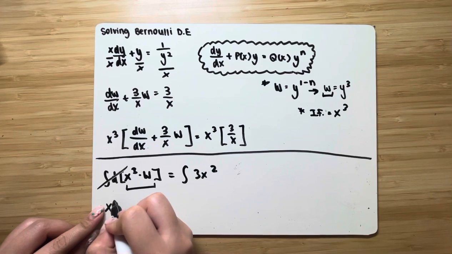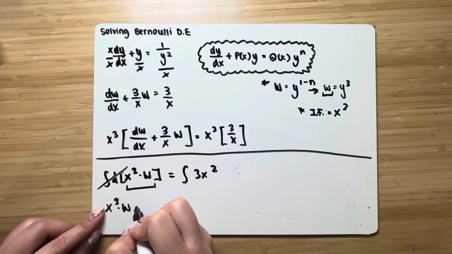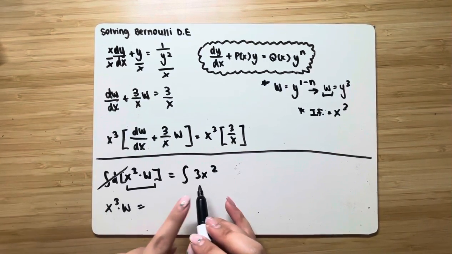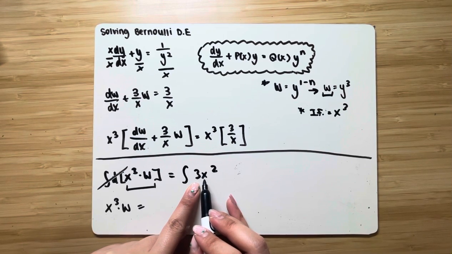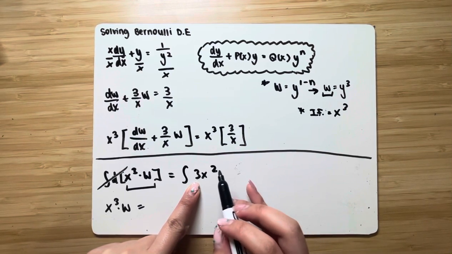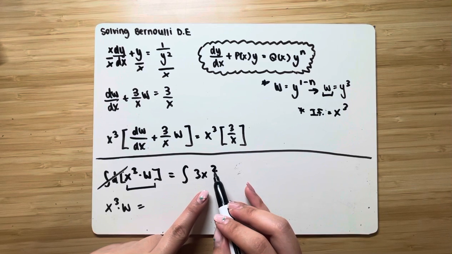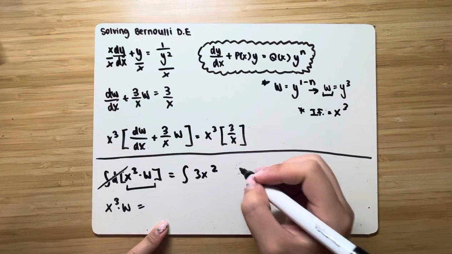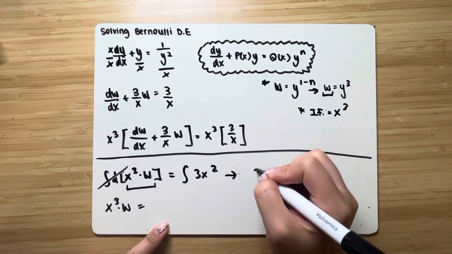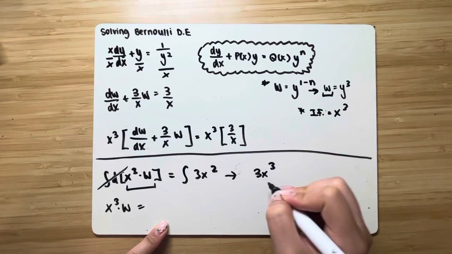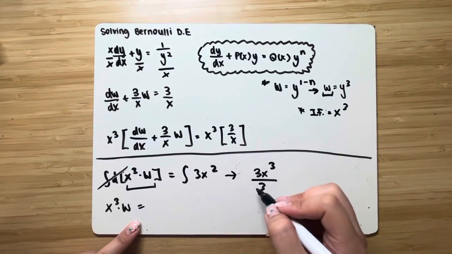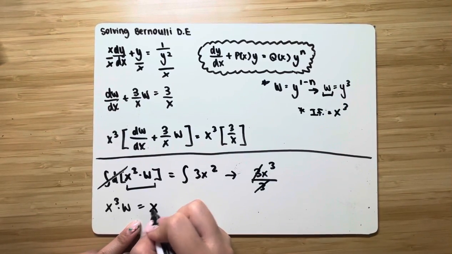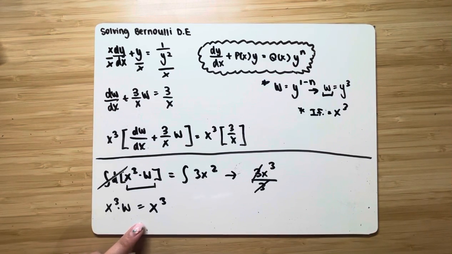So you're left with x cubed times w equal to the integral of this. Whenever you do an integral, you want to add the value of this exponent and divide over the value. So it would be the same as 3x cubed over 3. So this and this cancel out, you're left with x cubed. But you're not done yet.